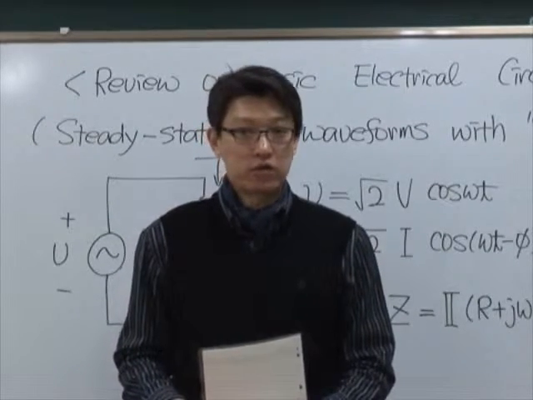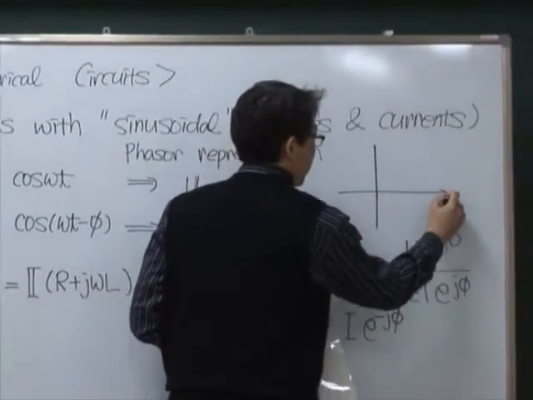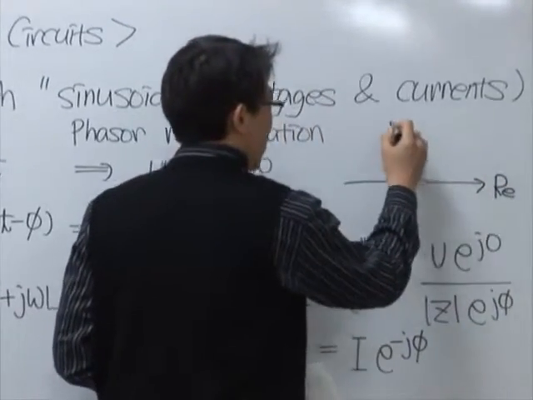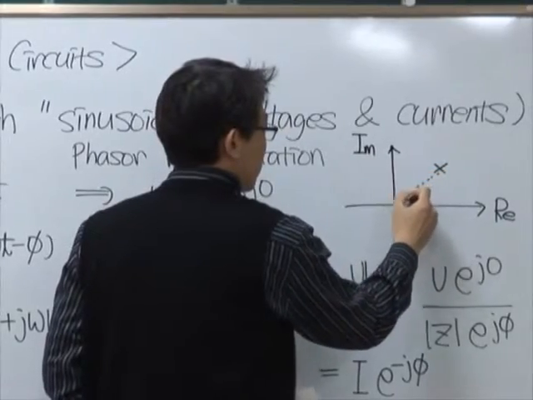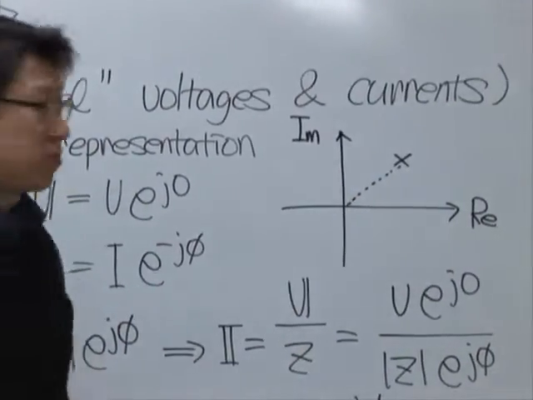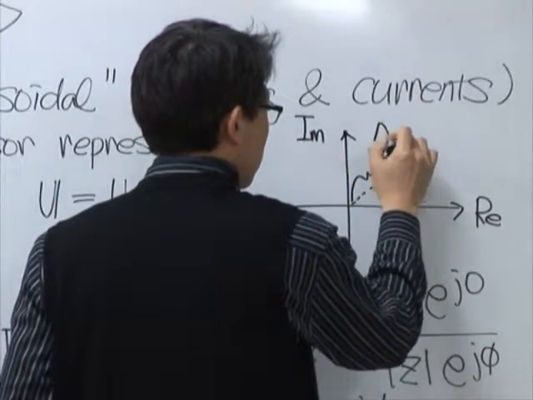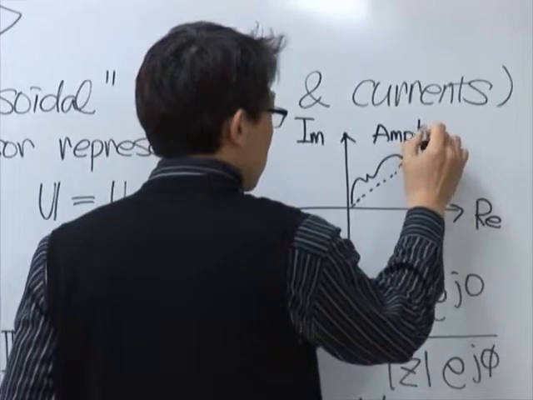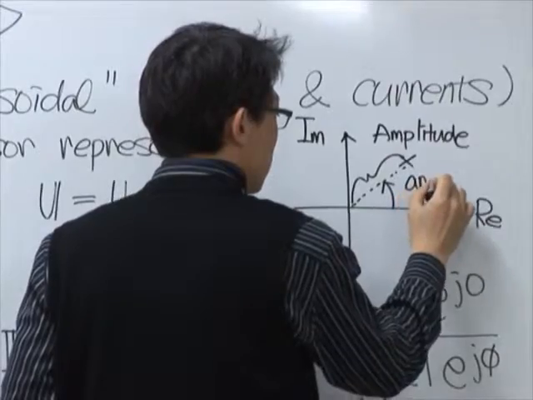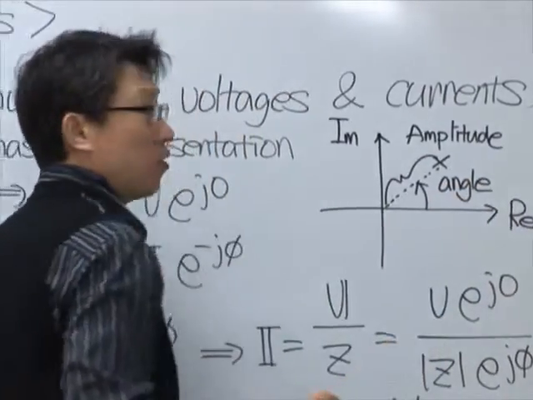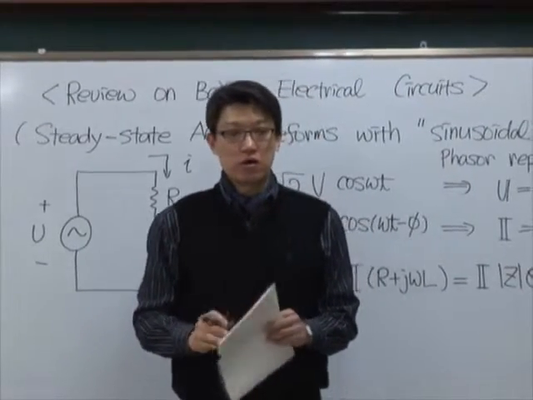In the complex domain, you have a real axis and an imaginary axis. If you have some number plotted on the complex plane, you have an amplitude and this is the angle, right? So once we know these two quantities, then we can specify the complex number.